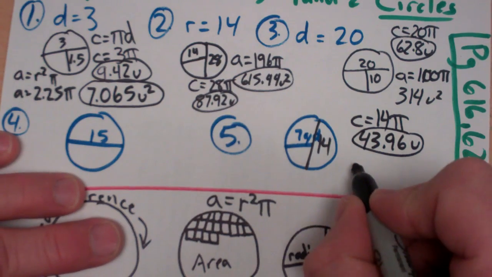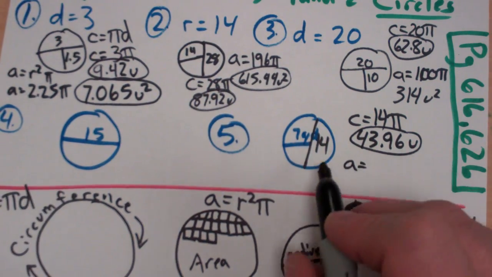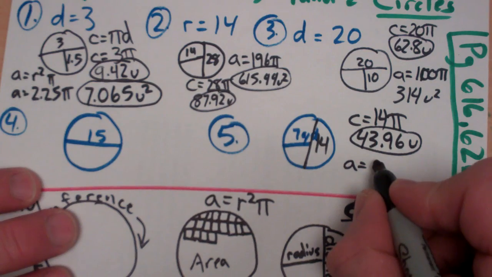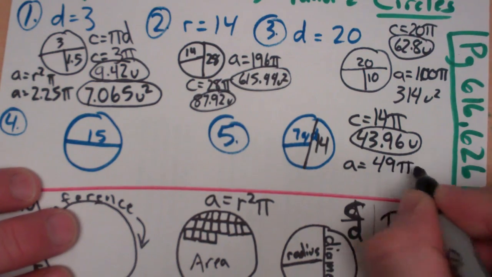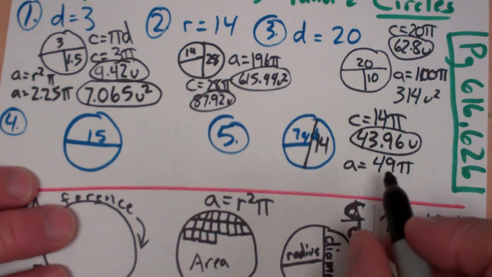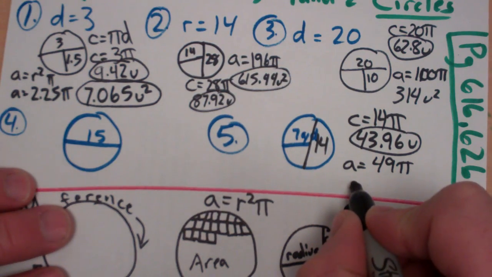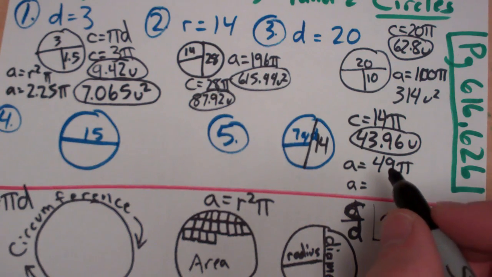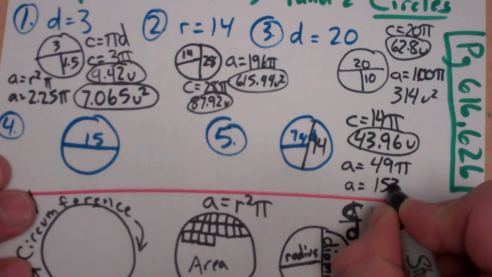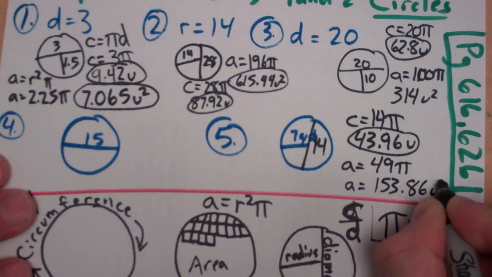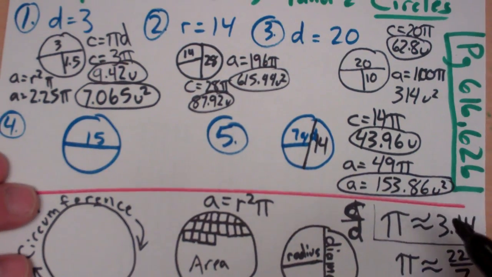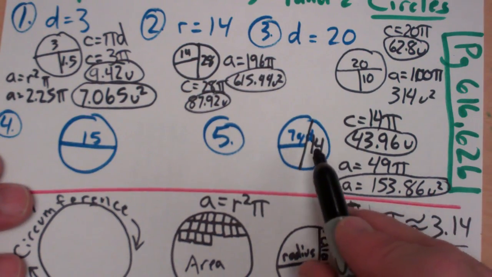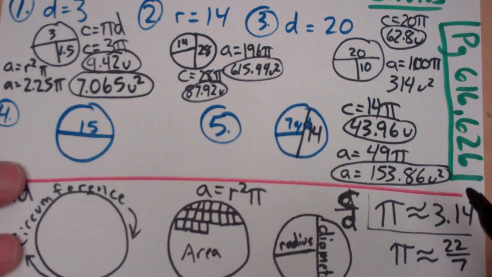And then I can find the area by doing radius squared. The radius is the 7, so 7 times itself is 49 times pi. There it is in pi notation. When you take 49 times 3.14, you get 153.86, and that would be units squared, because we're talking about covering it in squares. Even though it's a circle, we cover it in squares to find the area.